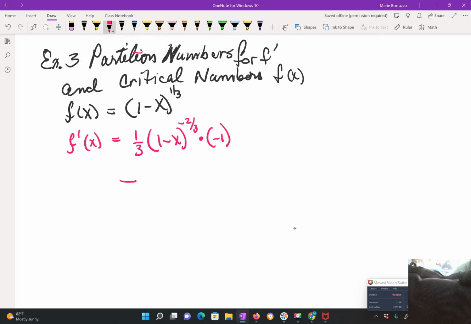So this is now -1/3. Technically, I could bring it down. Let me just do that. So -1/3 times 1 minus x to the positive 2/3. And that's your first derivative, and that's what you're looking for.